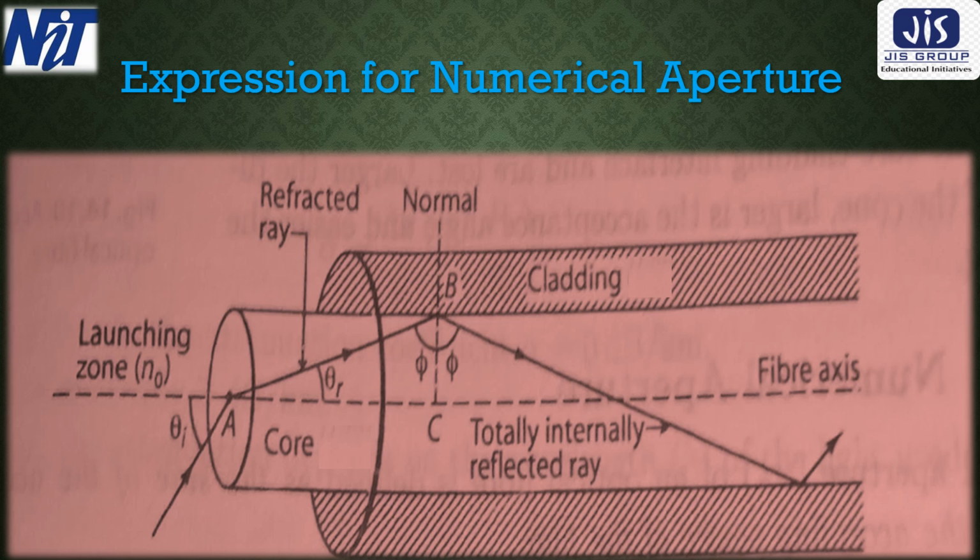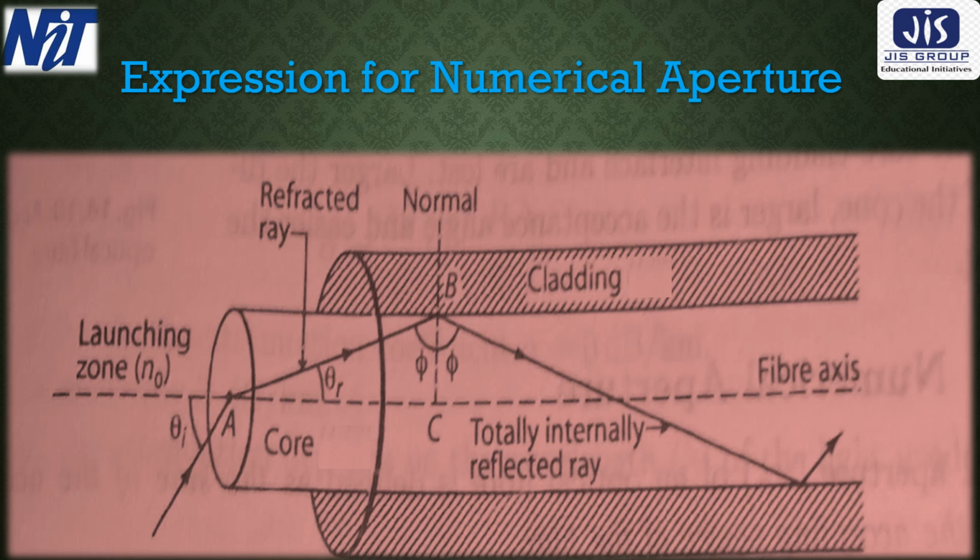So here, if theta I is the angle of incidence at the launching zone of the optical fiber, and theta r is the angle of refraction, then the ray of light AB is falling at point B on the core cladding interface.